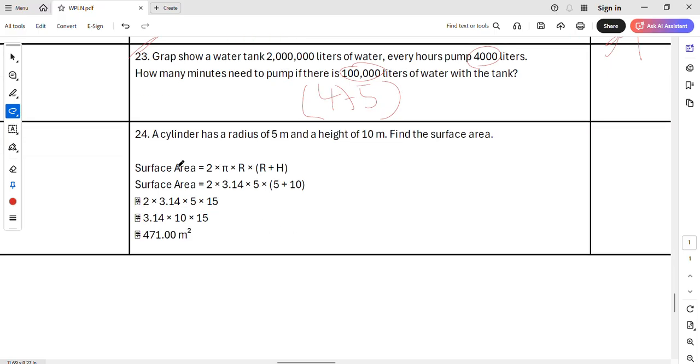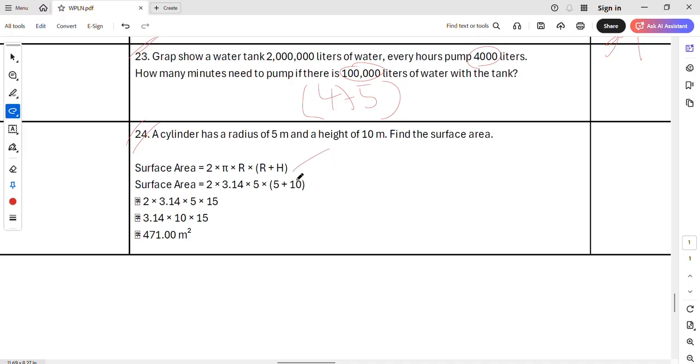Then question number 24. The cylinder has a radius of 5 meters and a height of 10 meters. Find the surface area. Let's solve this problem. Here is the formula: 2 times pi times radius times radius plus height.